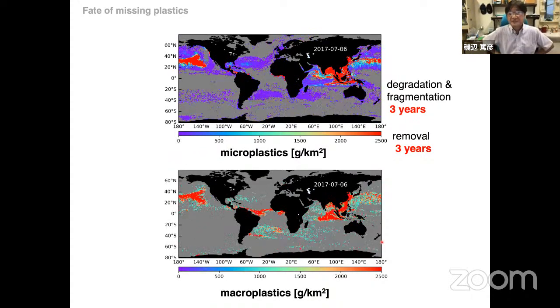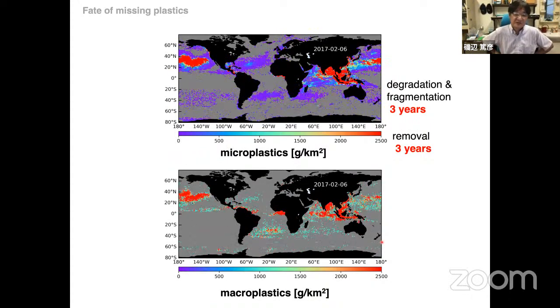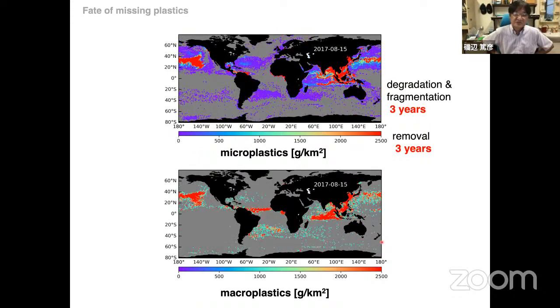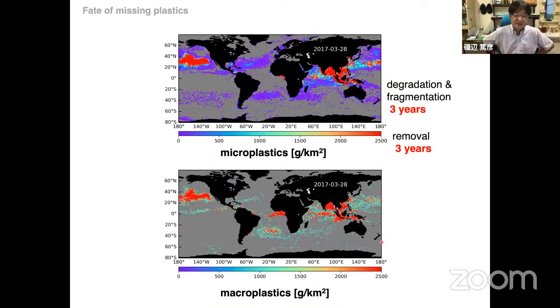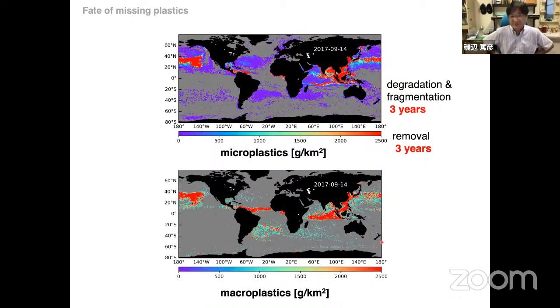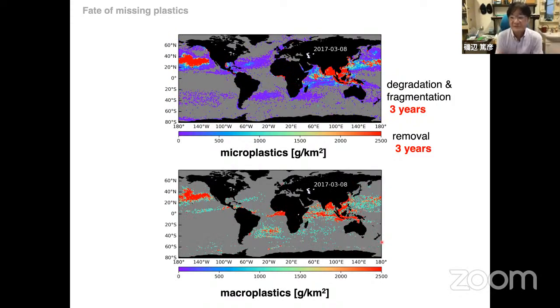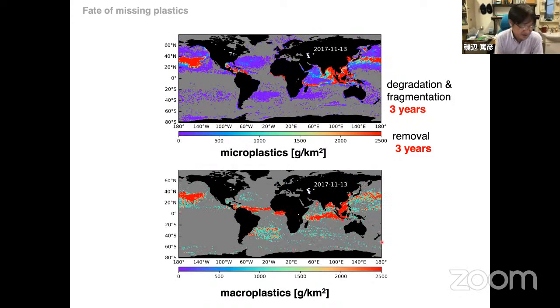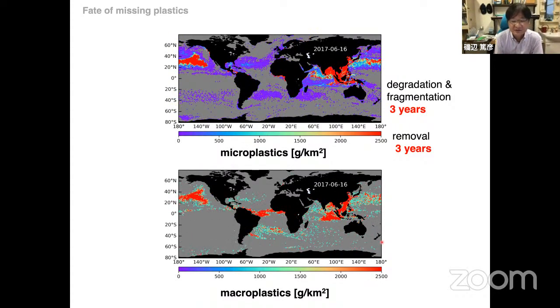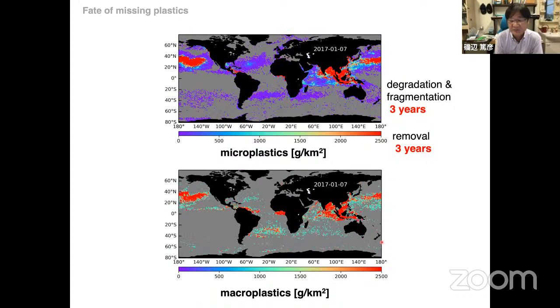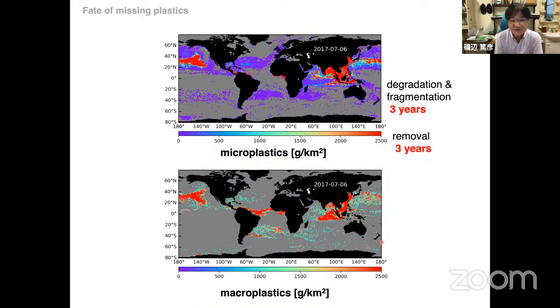And this figure shows, this movie shows microplastic distribution in the upper panel and the macroplastic distribution in the lower panel. And again, the result is shown of the model with both time scales of 3 years, as shown here.